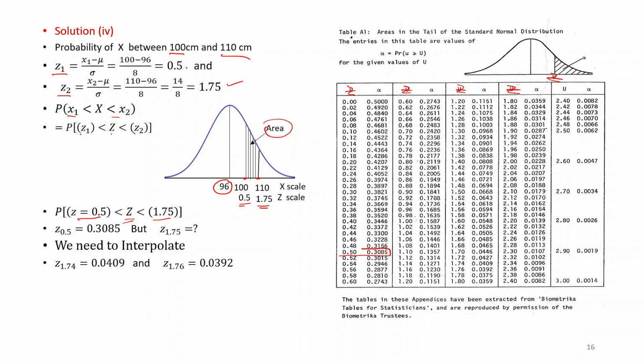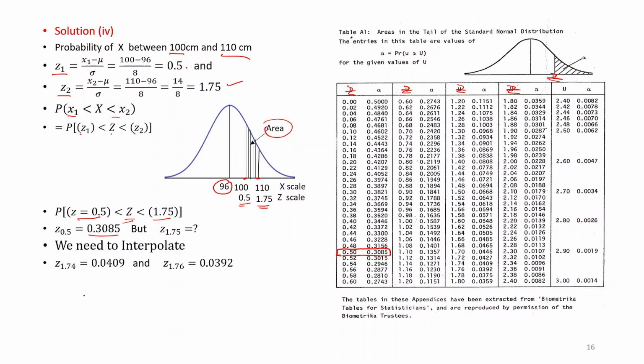We have seen it earlier also. Corresponding to 0.5, the alpha value or area is 0.3085. That means Z more than 0.5, I mean this side of the area, from here on the right hand side, the entire area is 0.3085.